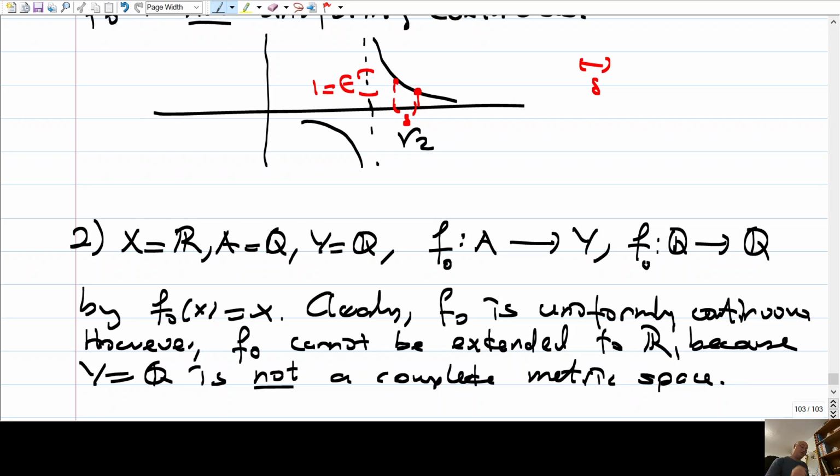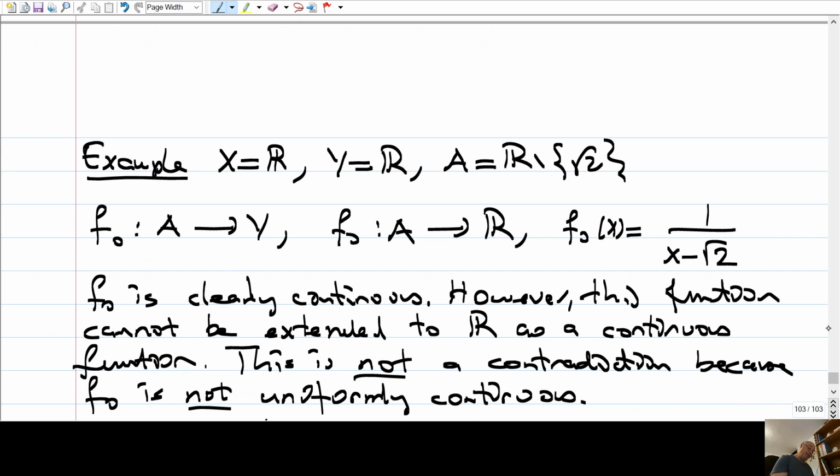So you see, for the proposition to hold, I really need the assumption that Y is a complete metric space and f0 a uniformly continuous function.